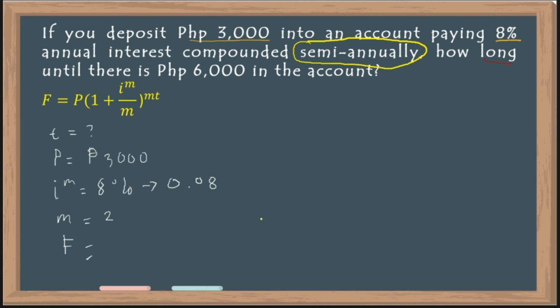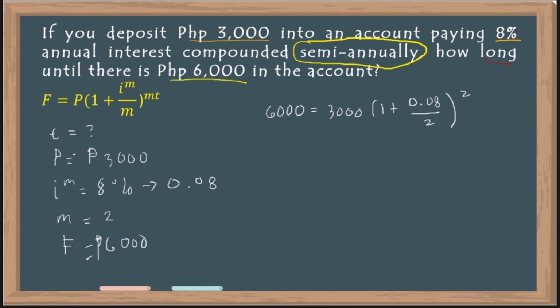Alright, so, then we also have the future value. Ito, sabi niya, 6,000 pesos na lahat ng pera mo sa bangko. That's 6,000 pesos. We use the formula F. So, meron tayong F, that's 6,000, is equal to, meron din tayong P, that's 3,000, times 1 plus, ano yung rate natin? 0.08 divided by yung m natin, 2, kasi semi-annually. Then, m natin is 2.